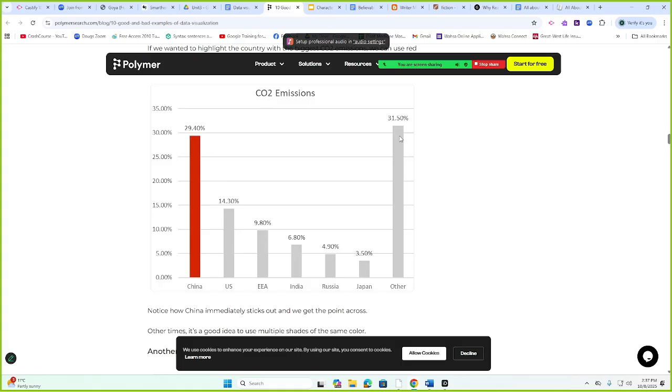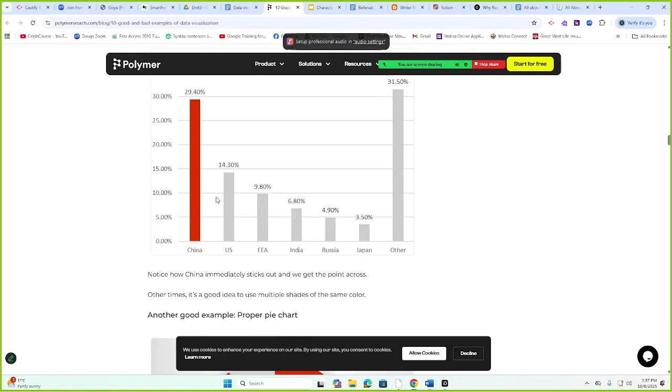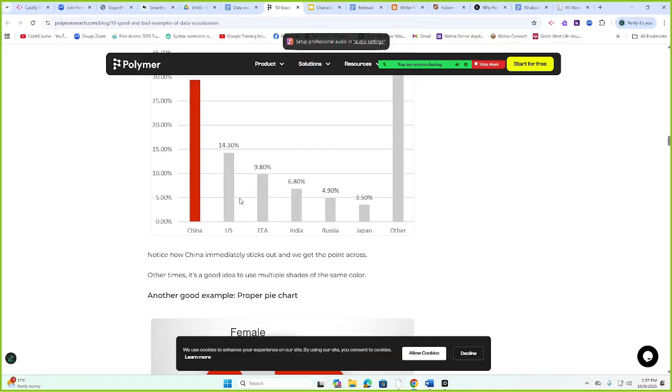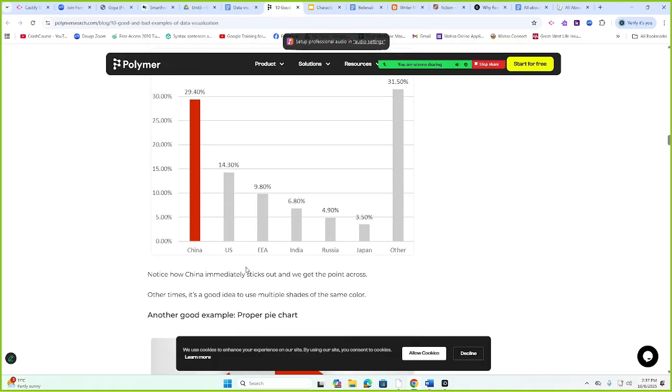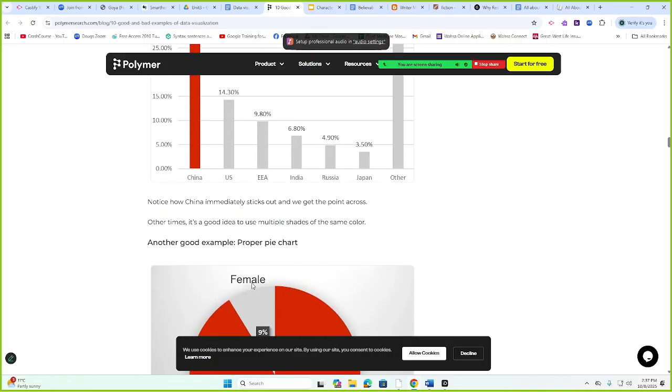And then the rest of the countries, we just make gray. So that pinpoints the country that's most responsible for CO2 emissions in the world. It gets the point across of who is the greatest polluter.